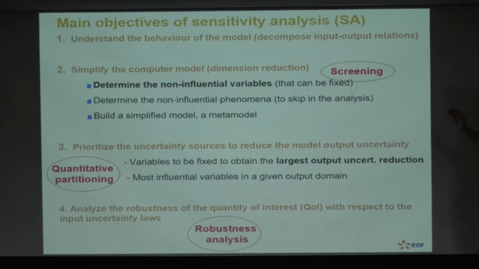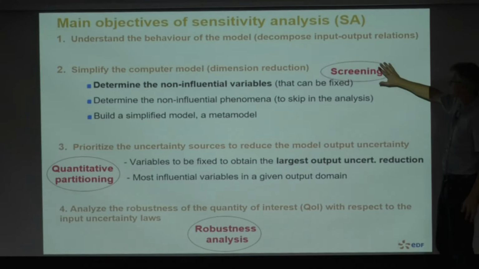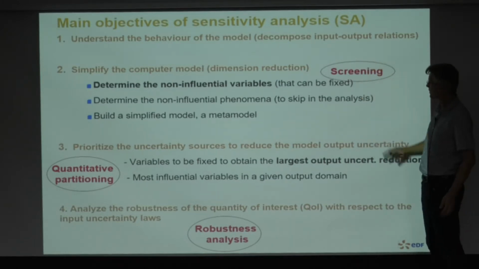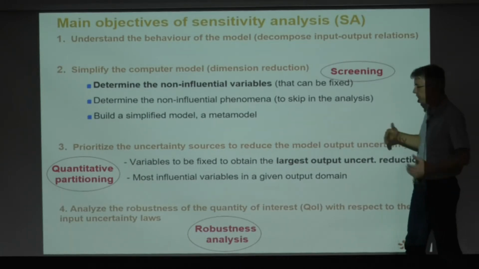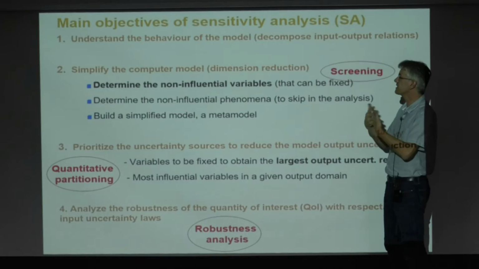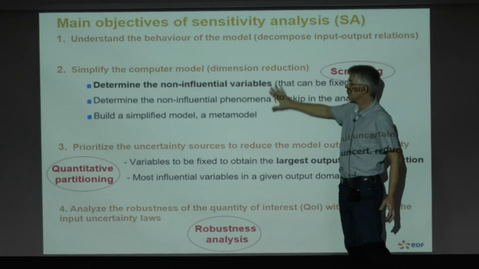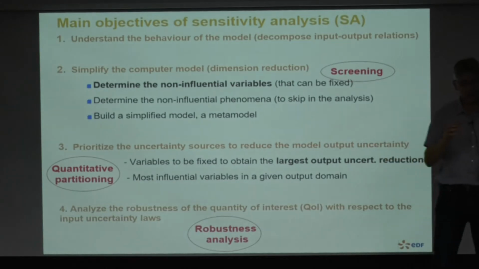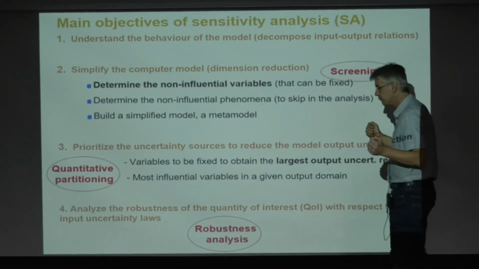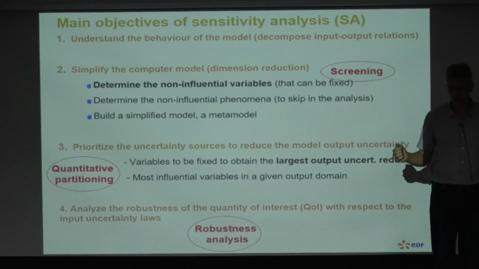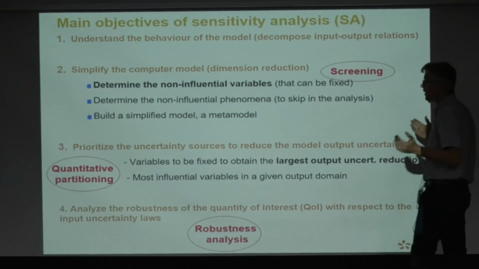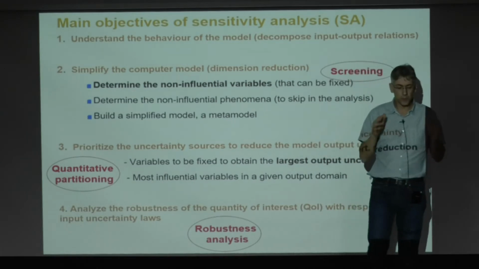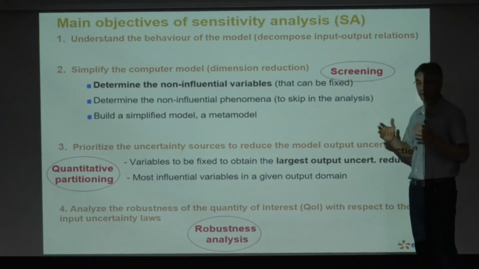So now I want to distinguish mainly two things which don't have the same goal. The first one, so I define now the objectives of sensitivity analysis. So maybe you want just to simplify your model G because there are many inputs, it's of high dimension, and in fact, probably there's only a small number of influential variables, but you don't know them.